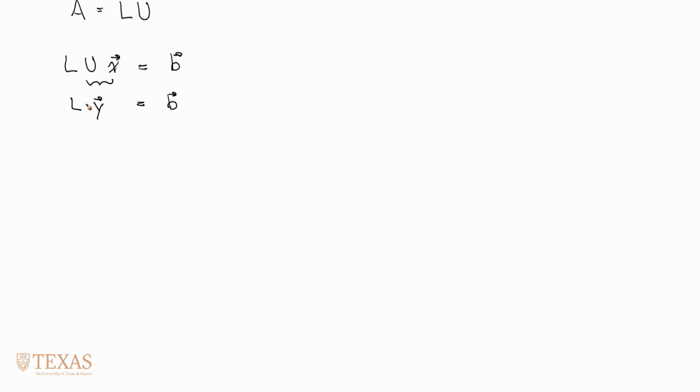L is lower triangular, and so if we have this system of equations, we can use forward substitution. We'll talk about what that looks like in a second. We've already seen back substitution from Gaussian elimination, but we can use forward substitution, and that only requires on the order of n squared operations. Okay, and so we'll solve this for Y.